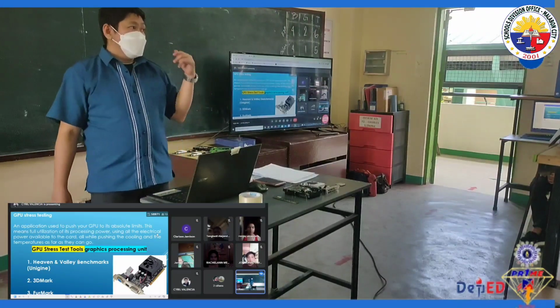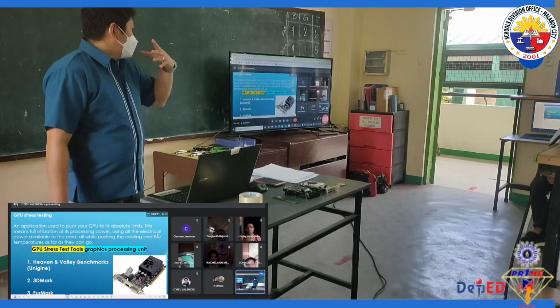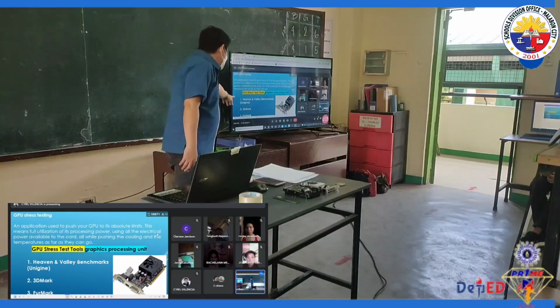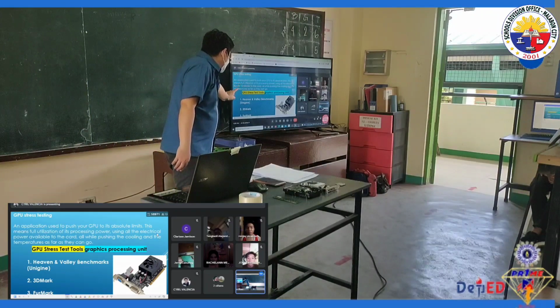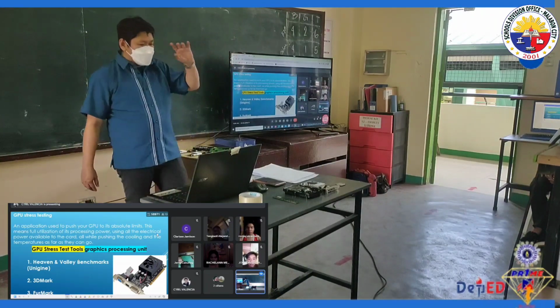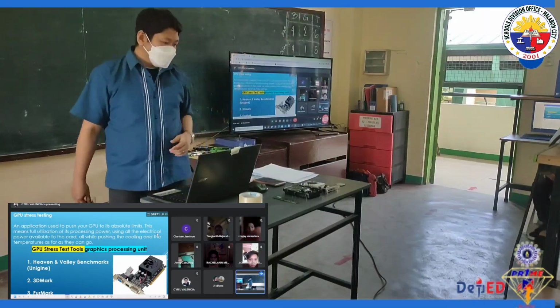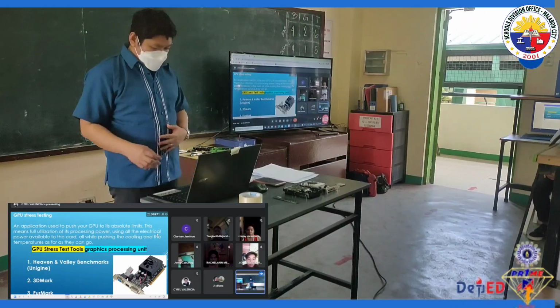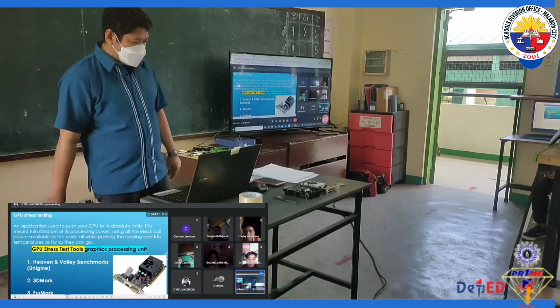So from there, the tools needed for your gaming PC build are the Heaven and Valley benchmarks and 3DMark. If you want to test the GPU that is known for gaming, dapat maganda yung GPU. Okay.